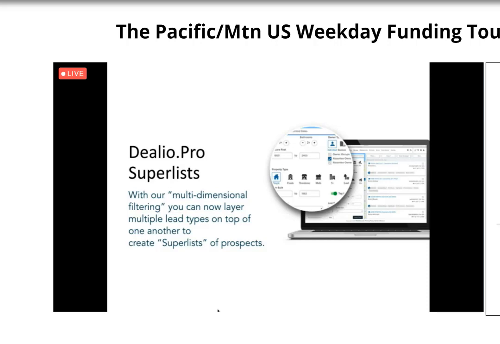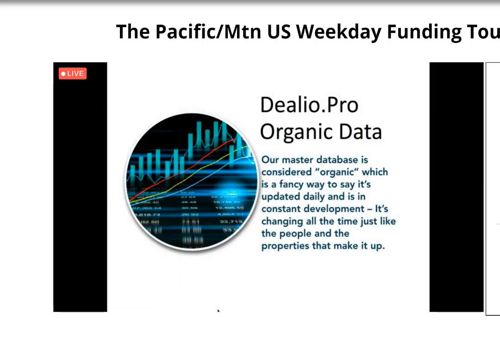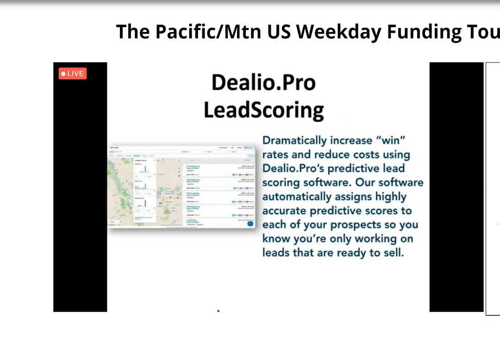I'm looking for property that's high equity that's in pre-foreclosure in this square footage, so I can make a super list. You've never seen anything like it. In a matter of seconds I can save searches and make super lists, okay? The organic data, which is a fancy way of saying it's updated daily, and consistent development of the data so I don't get old data, okay?